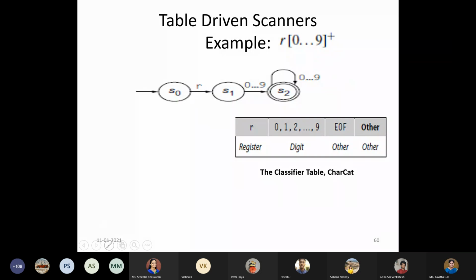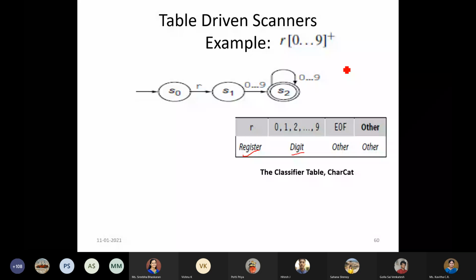Okay. So if you are having R, it will be returned as registers. If you come across any digits from 0 to 9, it is tagged as digits. Other than that, once you finish, if I say R32, after 2 we are having end of, that is the last character.